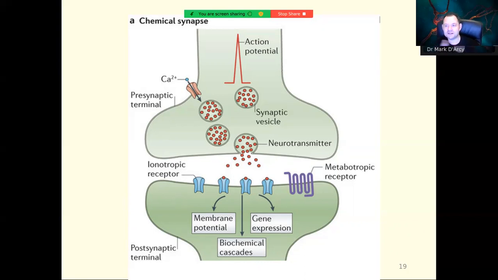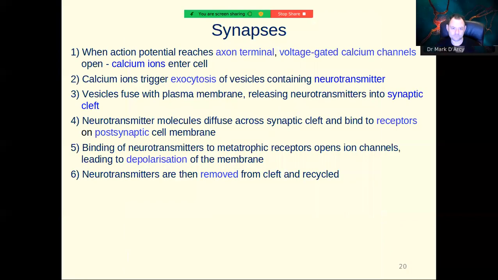For the sake of argument, this time we'll just say that the neurotransmitter is going to bind to the next neuron, open an ion channel, which then lets sodium into the next neuron, depolarizes it, and causes it to fire. So one neuron has now fired and caused the next neuron to fire, which might cause another neuron to fire.